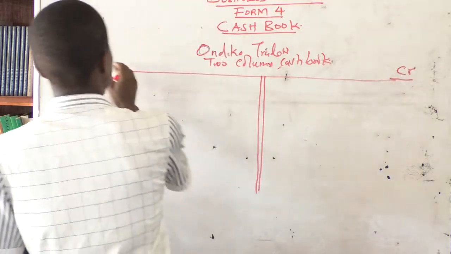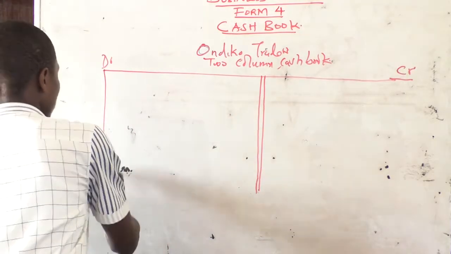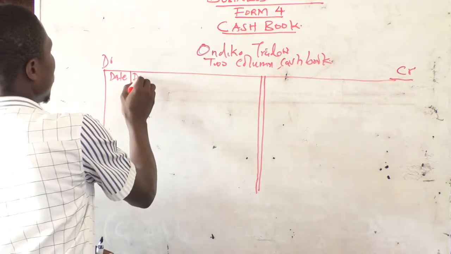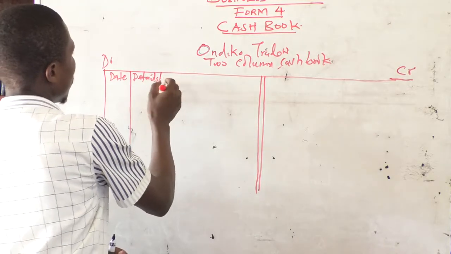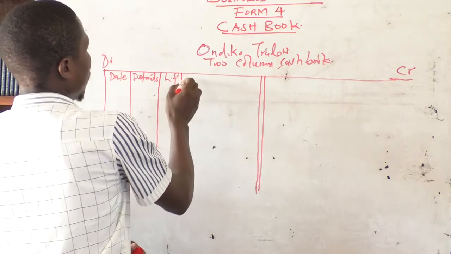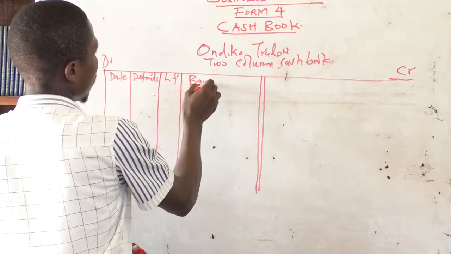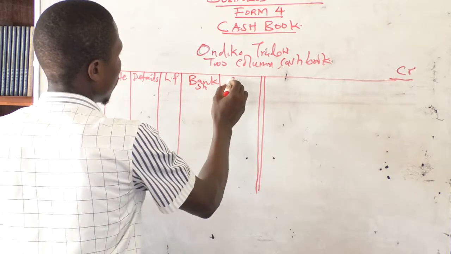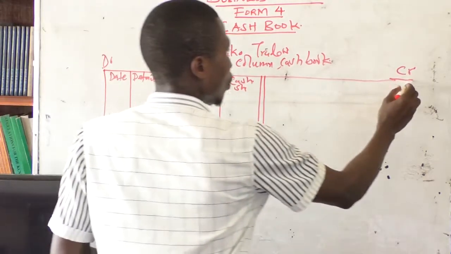Then here is CR, and here DR. Here I write date, then here details, then ledger folio. Then here I write bank, so cash at bank, then cash in hand. Then the same thing you repeat here.